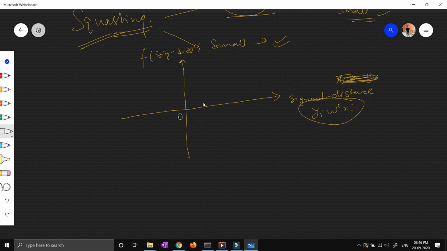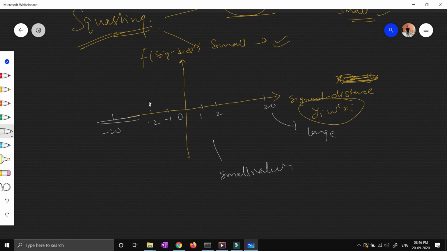This is my 0, and these are small values like 1, 2, and this is like 20. Same here, -1, -2, and maybe -20. You can see this value is very large in comparison to 1 and 2, and these values are very small.